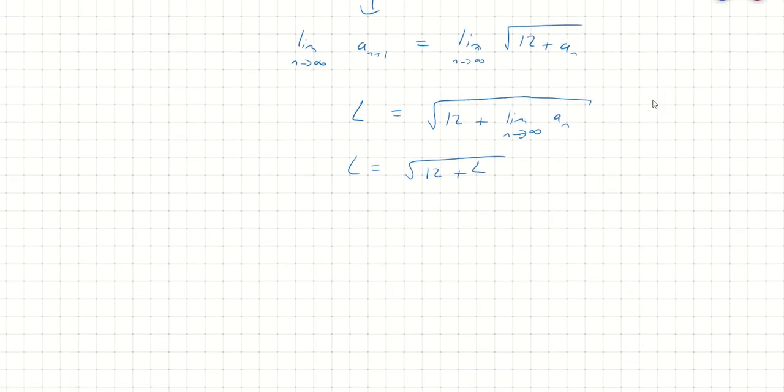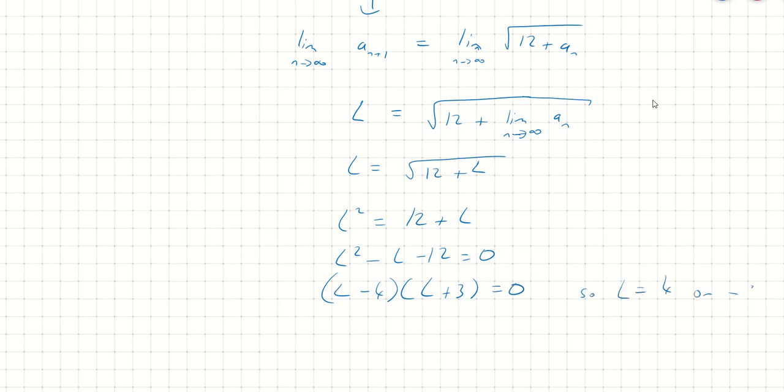Let's square both sides. L squared equals 12 plus L, so L squared minus L minus 12 equals 0. (L minus 4)(L plus 3) equals 0. So L equals 4 or minus 3.